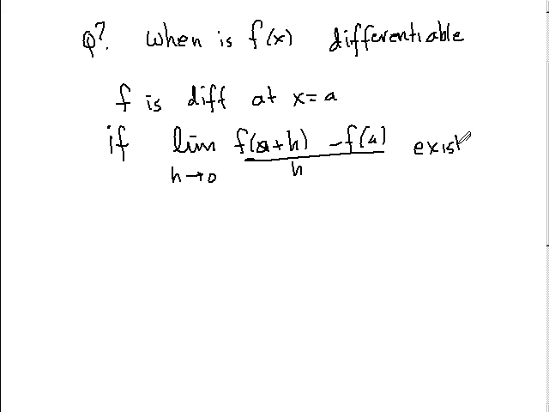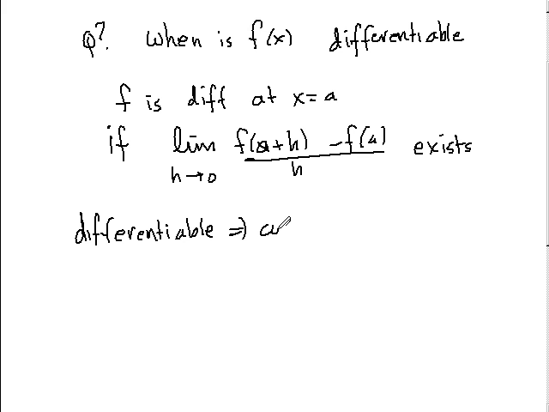And obviously this implies that f of a exists. And differentiability, as we know, is stronger than continuity. So if f is differentiable at a, then it's certainly continuous at a, but not the other way around. So differentiability implies continuity, but not the other way around.